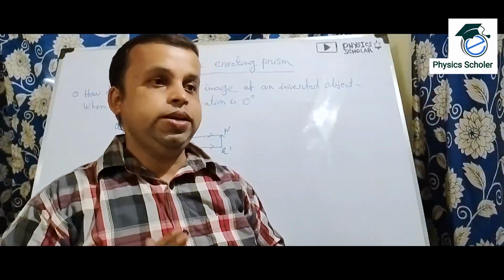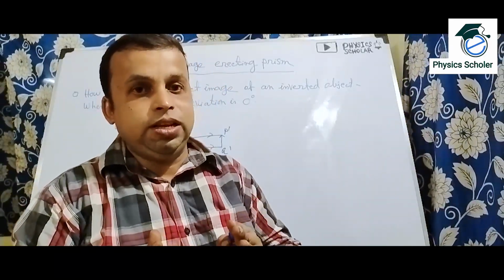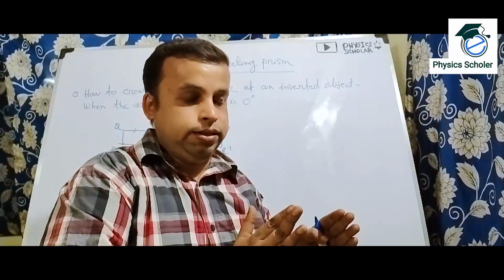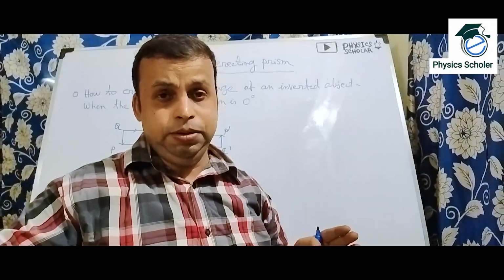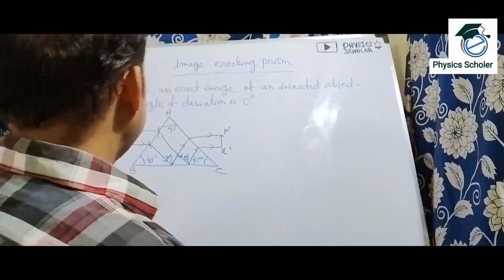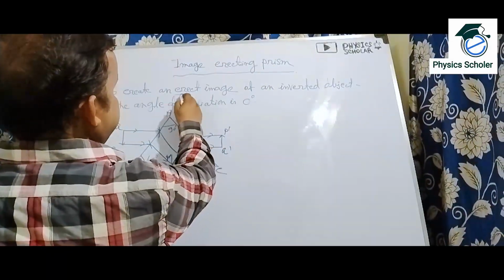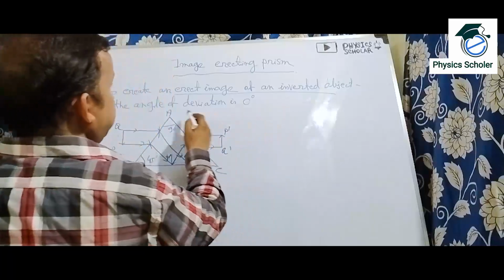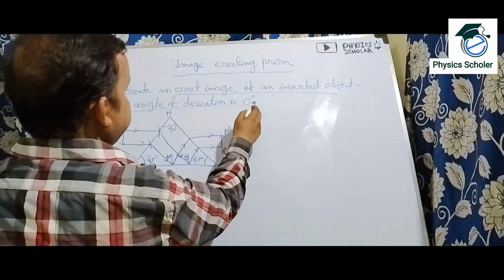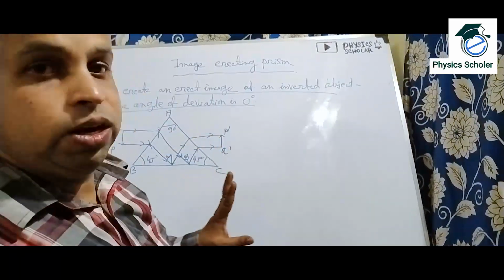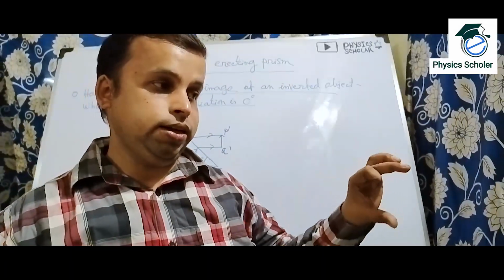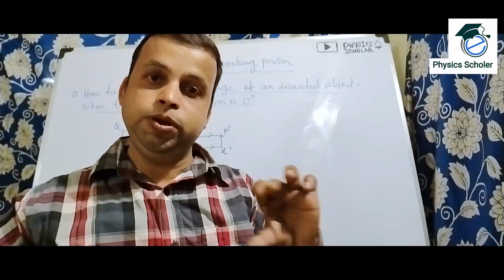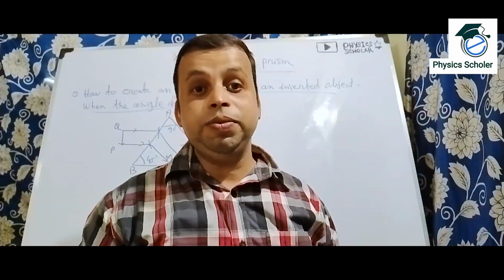So how can we utilize the prism to have an erect image of an inverted object when the angle of deviation is 0 degree? That means no angle of deviation will take place.